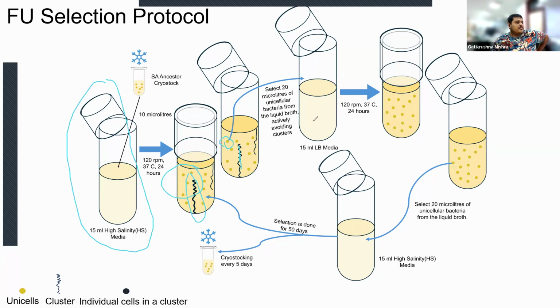We only select the unicellular bacteria into 15 ml fresh media, but not high salinity, this time low salinity media. In low salinity, they grow unicellularly. And after 24 hours, we take unicellular bacteria from low salinity again into high salinity media. So every day we fluctuate the environment, but we select only for unicellularity. We did it for 50 days, and we cryostocked every 5 days and checked for contamination.